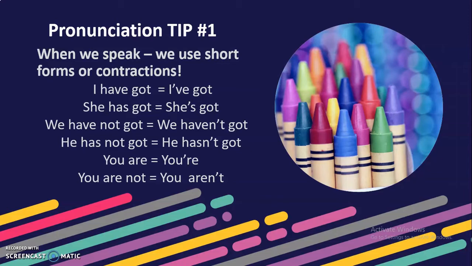She's got. We have not got. We haven't got. He has not got. He hasn't got. You are. You're. You are not becomes you aren't. So this is how you can use contractions in spoken English. I hope this can help you to develop your pronunciation skills.